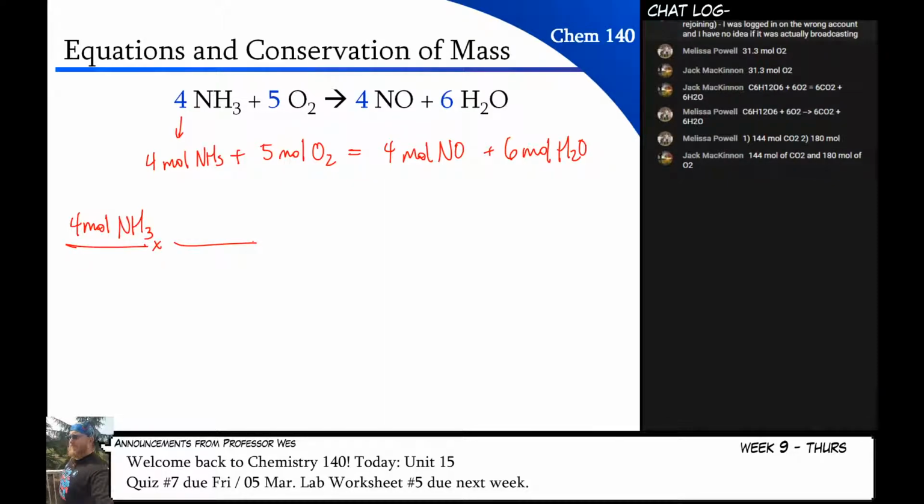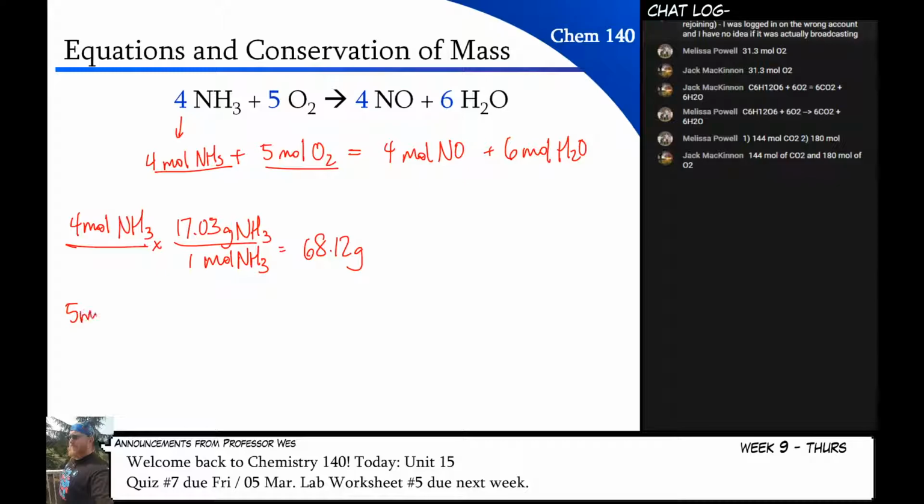And according to Lenntech, I could convert moles of NH3 to grams of NH3, and the number of grams in that quantity is 17.03. And so that would be 68.12. So that's this one. Then I could do this for oxygen.